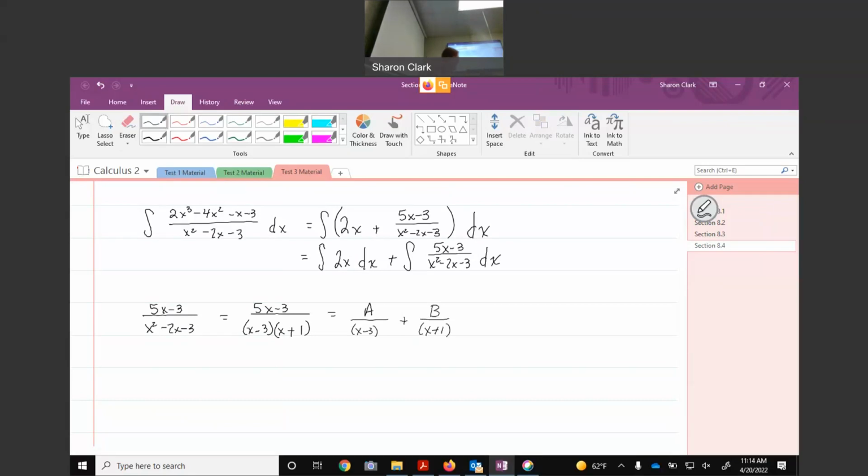Okay, so we're going to leave that 2x dx alone for right now. So we're going to clear our fractions again. We're going to multiply by x minus 3, x plus 1.